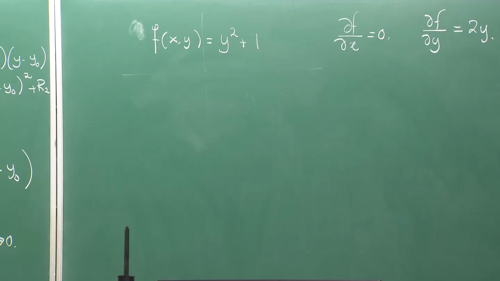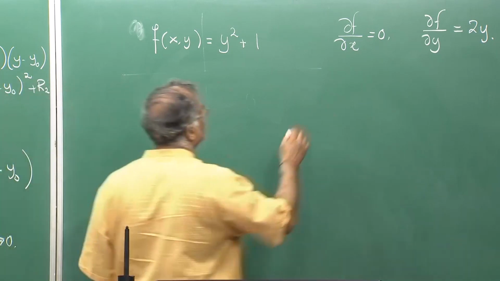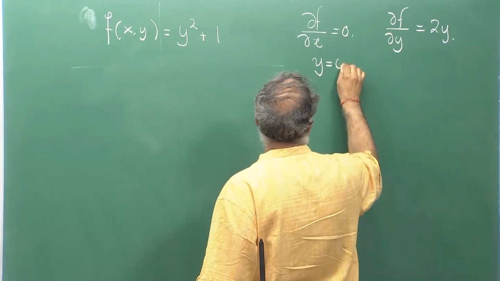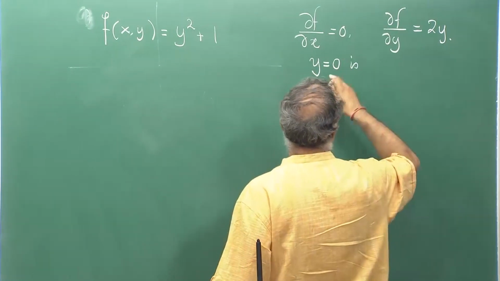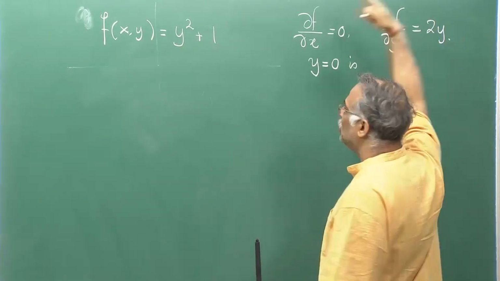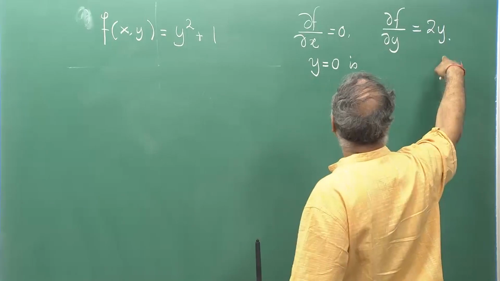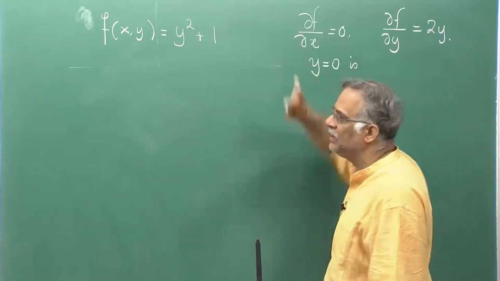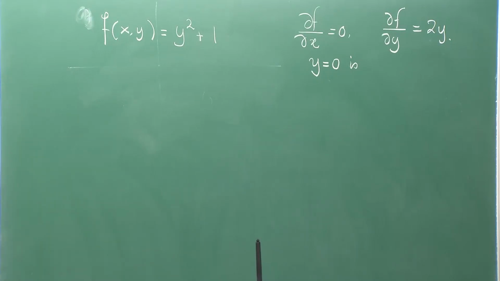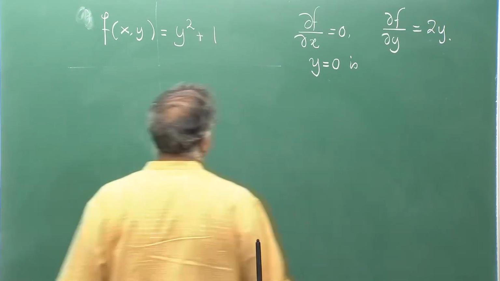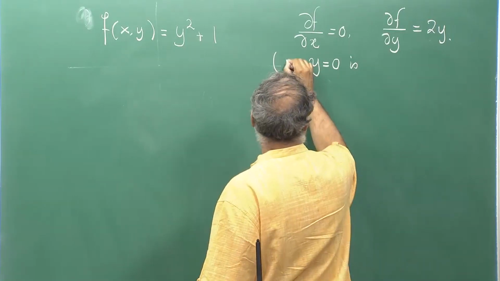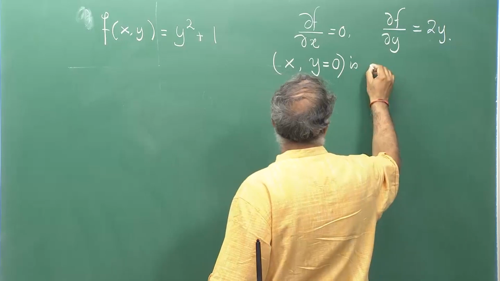Which means y is equal to 0, any y equal to 0 will make del f del y equal to 0. Whenever y is equal to 0, whatever x you take, it does not matter, del f del x is anyway always 0. So, any x and y equal to 0 is a critical point.